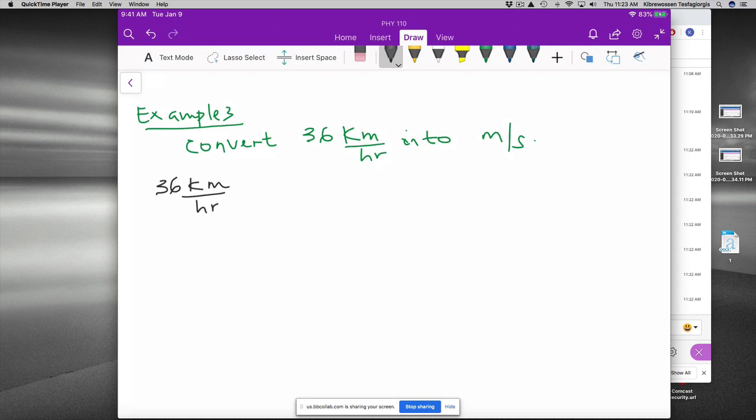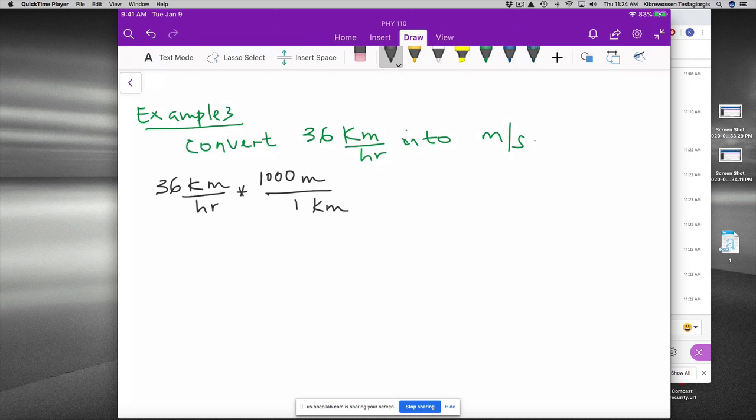That's what per hour means. Then to eliminate the kilometer and replace it by meter, you put it there and here. But you know that in every kilometer you have 10 to the power of 3, in other words 1,000 meters.